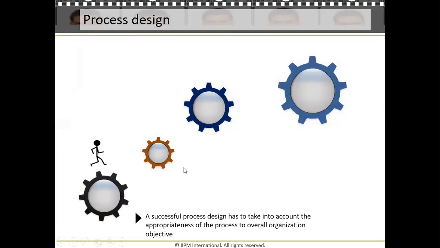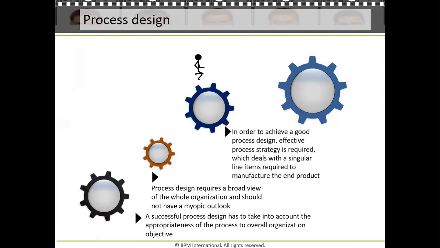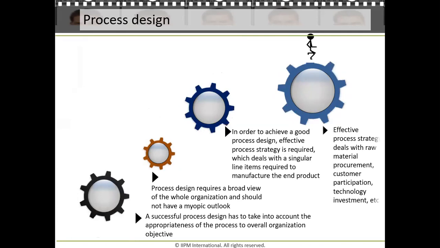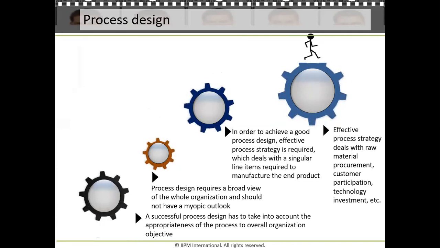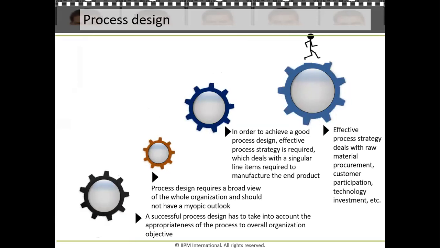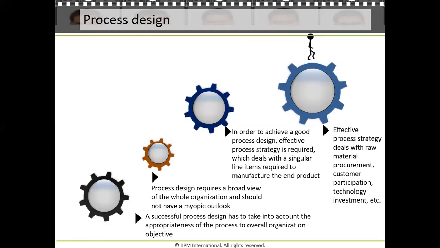Now, process design. A successful process design has to take into account the appropriateness of the process to overall organizational objective. Process design requires a broad view of the whole organization and should not have a myopic outlook. In order to achieve a good process design, effective process strategy is required, which deals with the singular line items required to manufacture the end product.